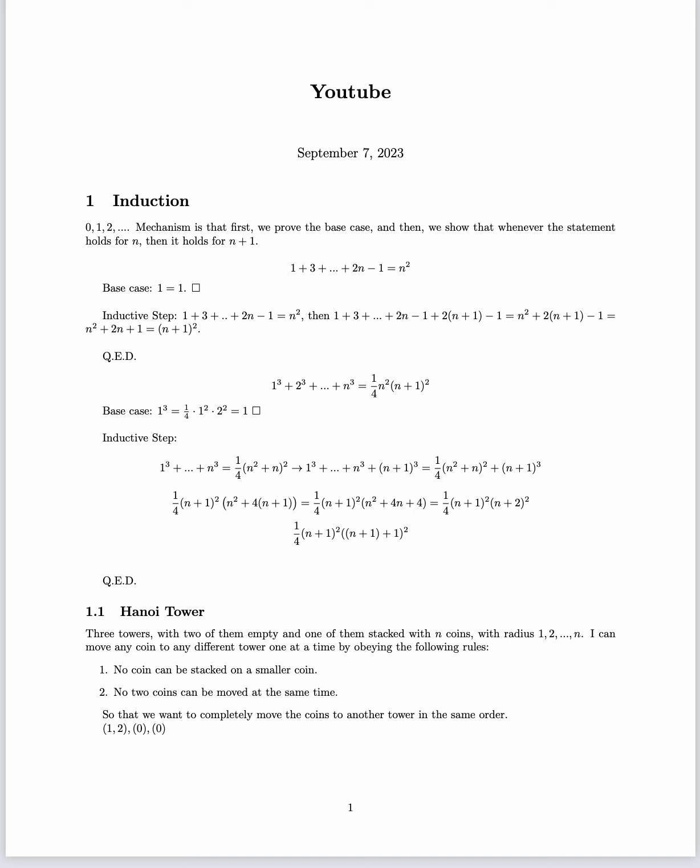Now you want to move 1 first, right? So you want to move 1 into some other place. So now you have only the coin with radius 2 left in the original tower, and you move 1 to another tower. And 0 just means that you have empty.